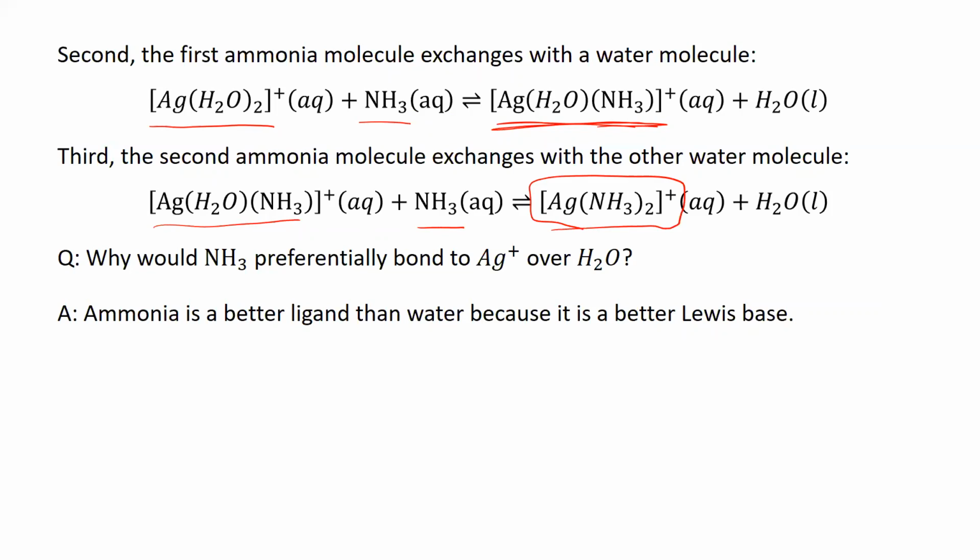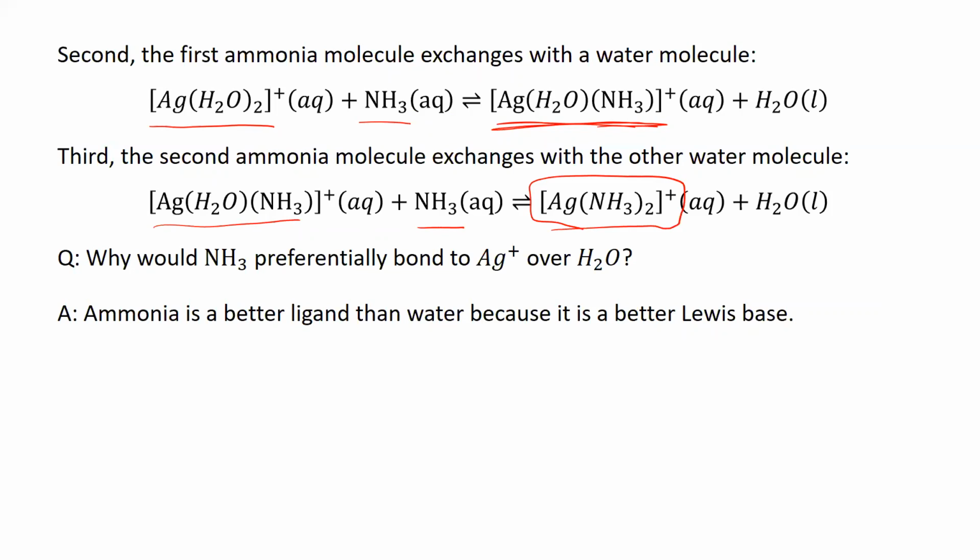Water's Kw, which is the equilibrium constant for water acting as an acid and a base, right? That's 10 to the minus 14. For ammonia, it's a much larger value, more on the order of, I think it was, 10 to the minus 5 for a Kb.